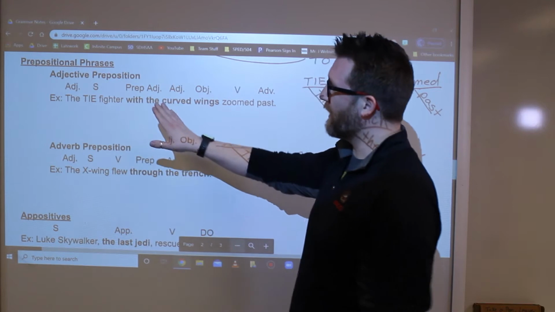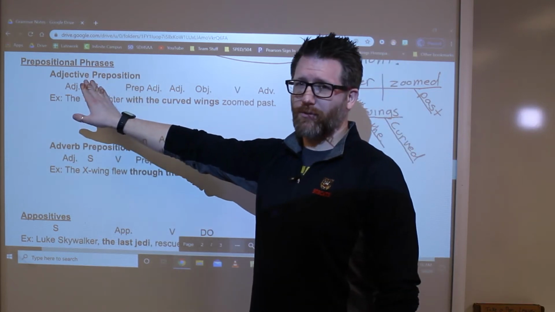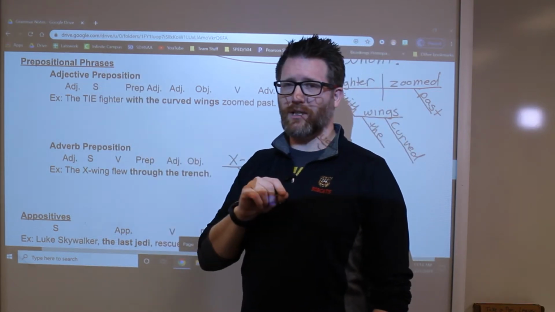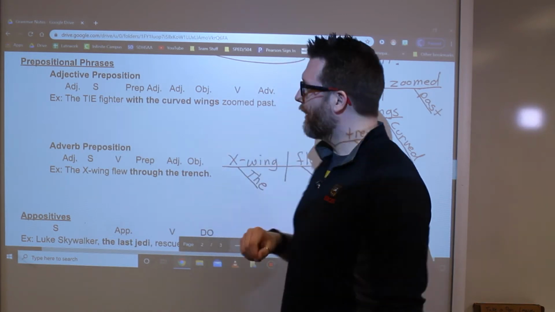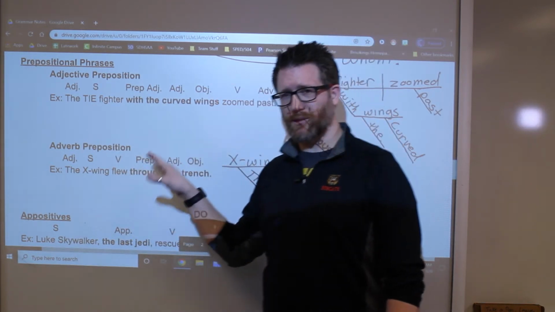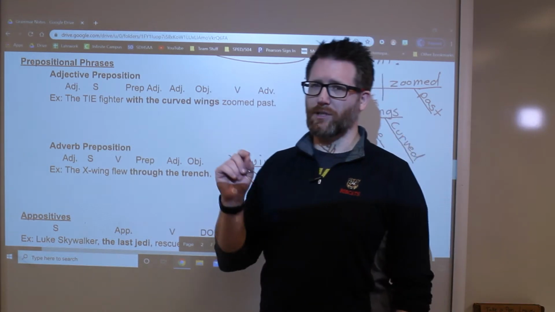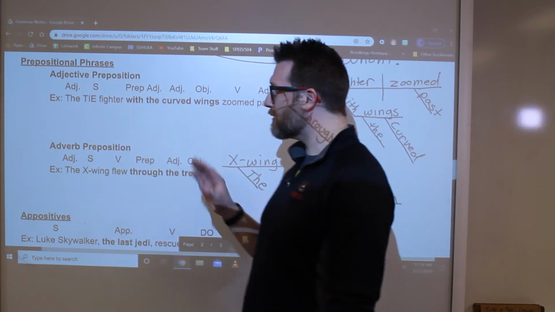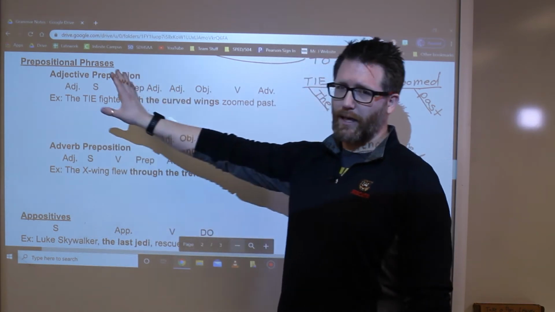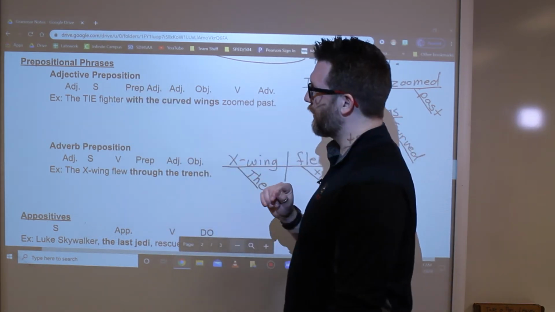If it's an adjective prepositional phrase, it's going to be touching the noun or pronoun that it's describing, whereas if it's an adverb prepositional phrase, it's going to be touching the verb that it describes. Okay, so let's take a look at adjective prepositional phrases first.